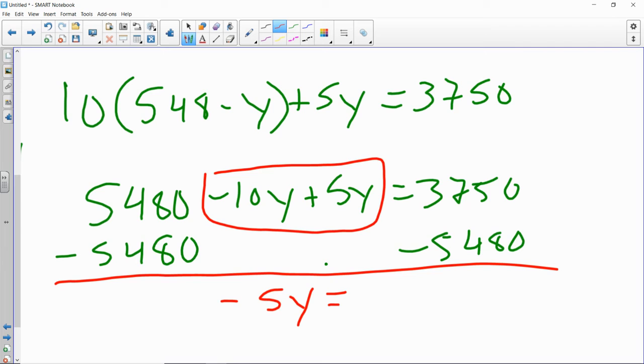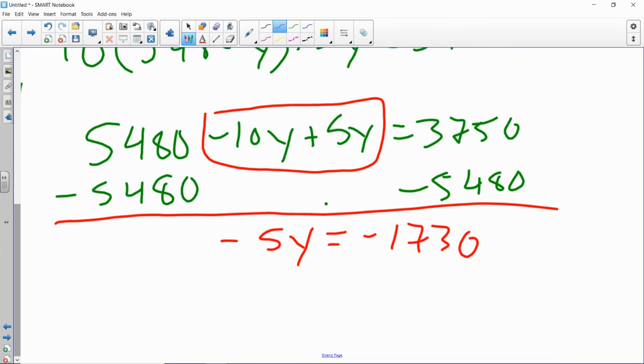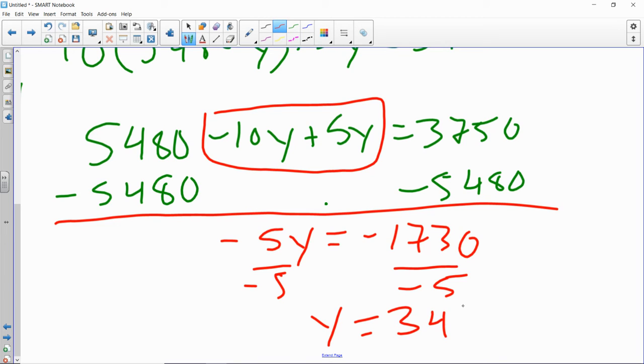And 3750 minus 5,480 gives us negative 1730. And then I'll divide both sides by 5. Sorry, negative 5. We get 346, which represents the number of kids' tickets.